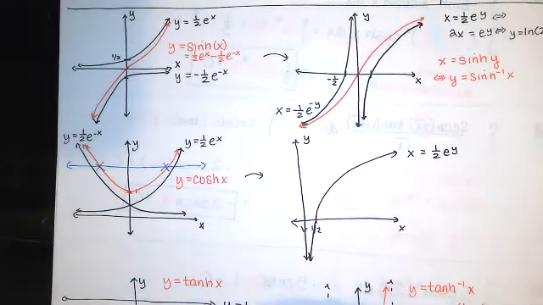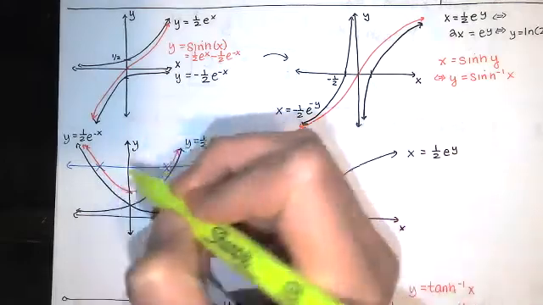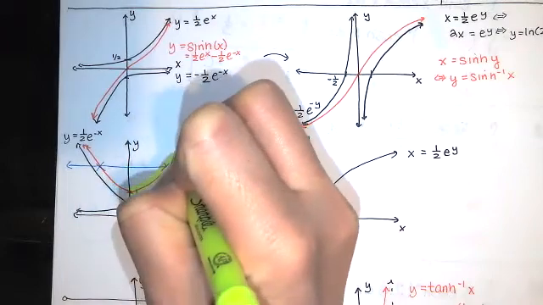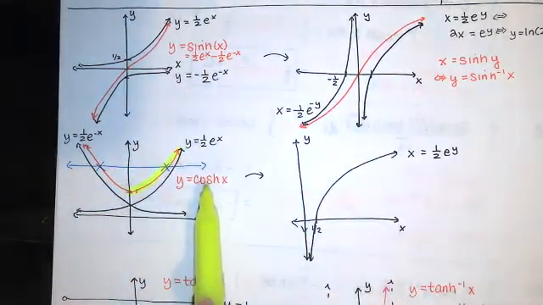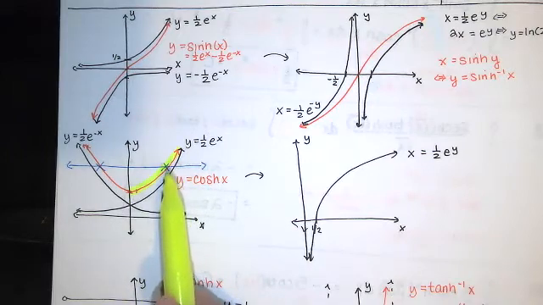The generally accepted restriction of the hyperbolic cosine function is this part of the function. So we look at the restriction of the hyperbolic cosine function on the interval from 1 to infinity, and then we switch the roles of x and y.